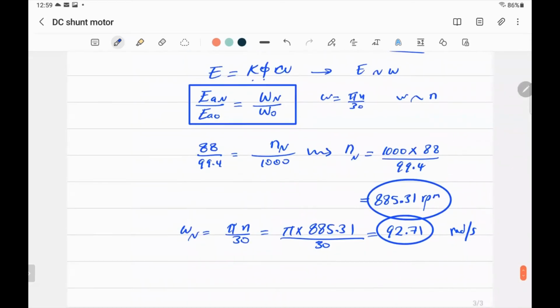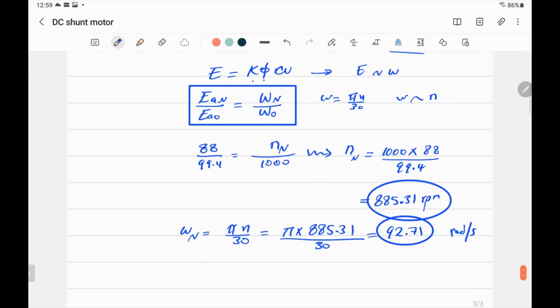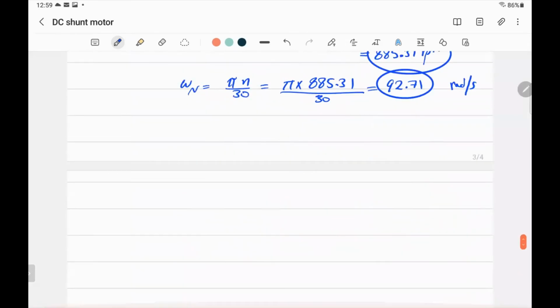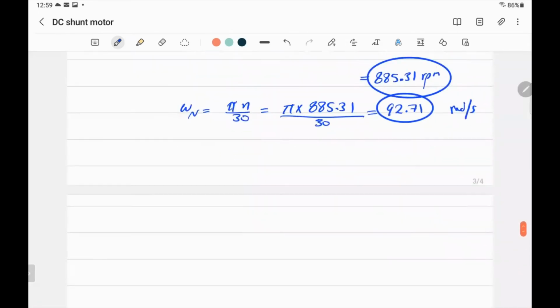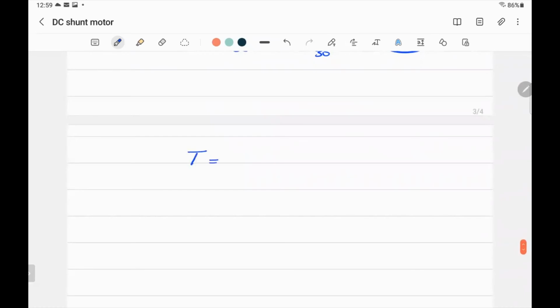That's the omega. That is nothing. How to find the torque? Well, the torque, as we explained before, has an important relation. Torque is equal to constant times phi times Ia.